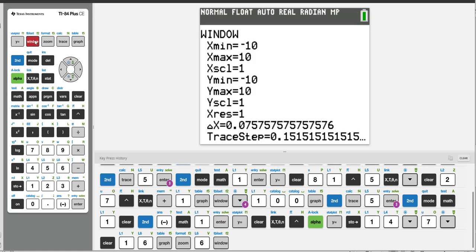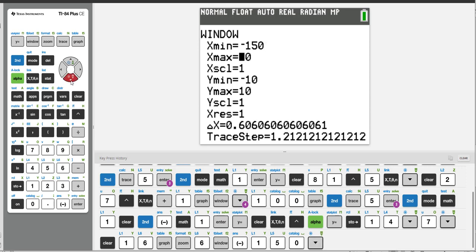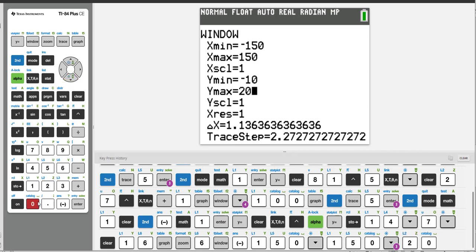Press window. Set x min to negative 150. Set x max to 150. And set y max to 20. Don't change anything else.